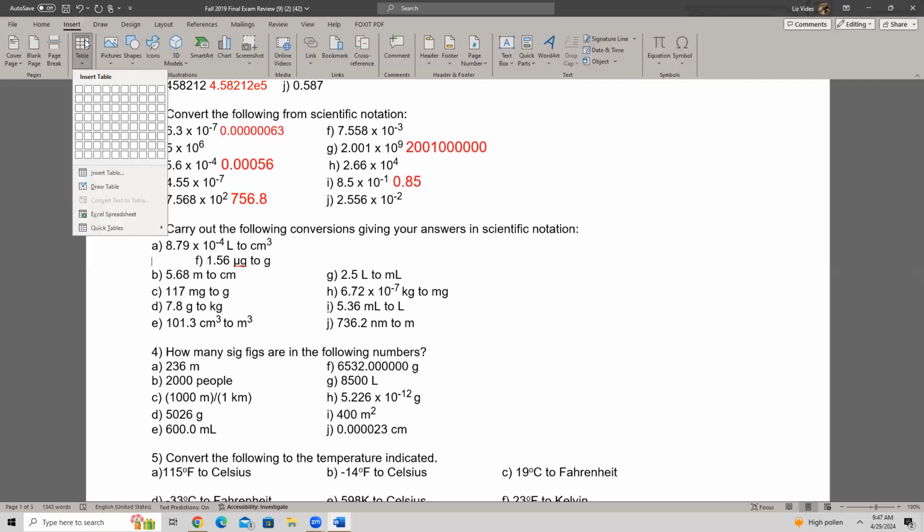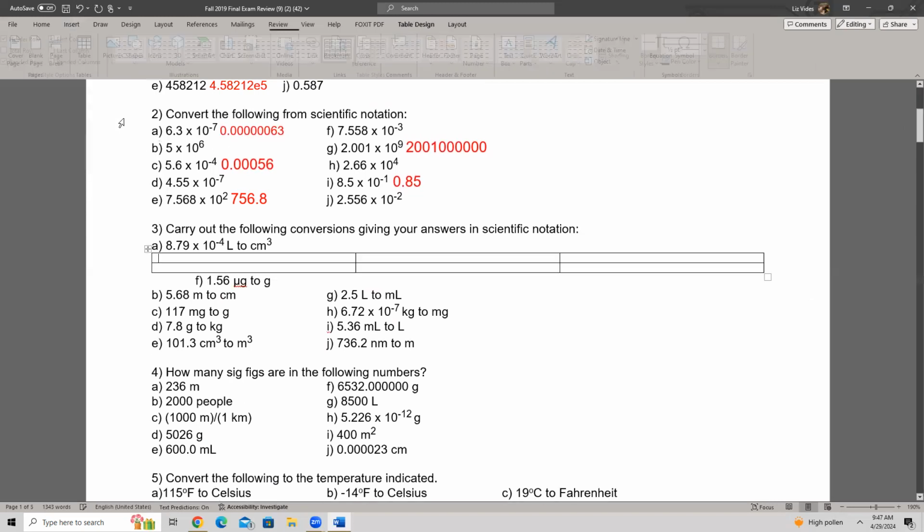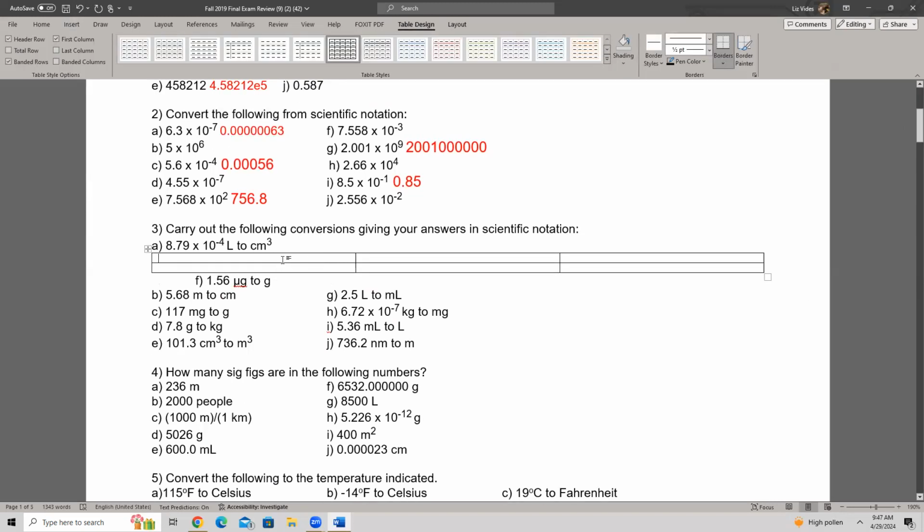Insert a table. I'm just going to make it 3, because this one's not going to need that many. Okay, so you've got 8.79, right? E, I'm just going to say, like I said, E -4. Just converting it from that, and that is liters. Okay, so we know that 1 liter is equal to e to the 3rd milliliters.